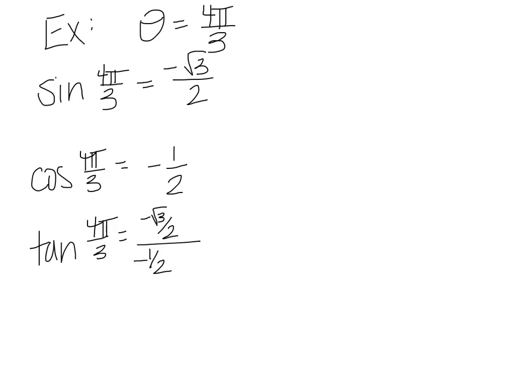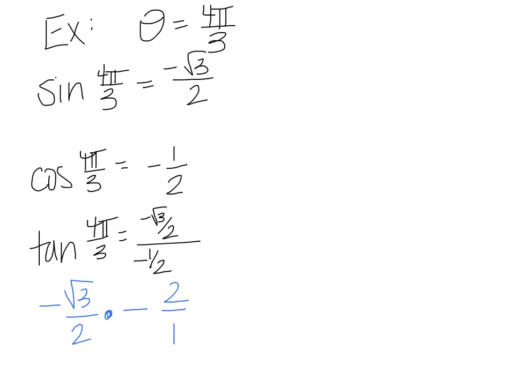So when you're dividing fractions, what's the phrase? Right. Keep, change, flip. I keep the top fraction, negative square root 3 over 2. Change to multiplication. And flip the bottom fraction, so negative 2 over 1.